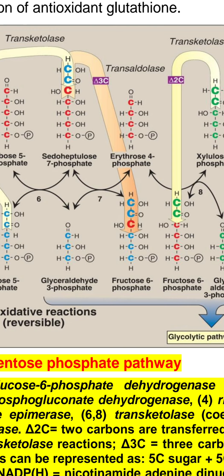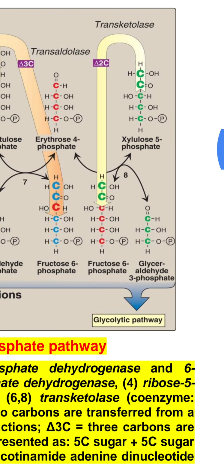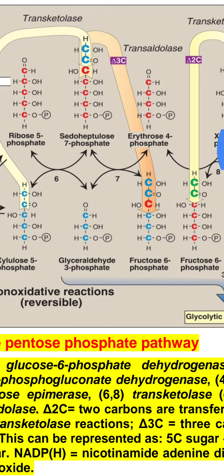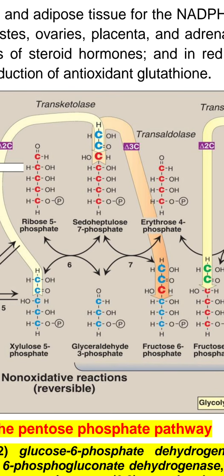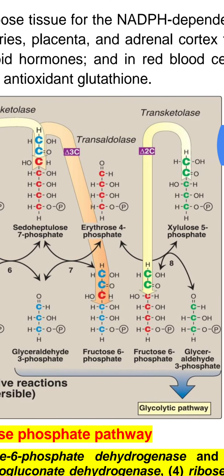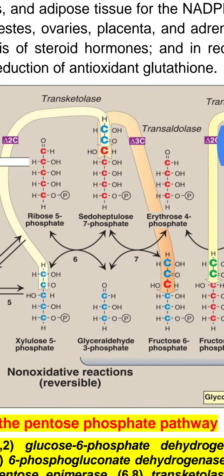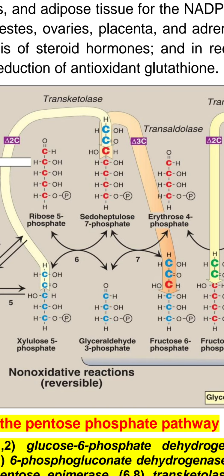Also we have another molecule of glyceraldehyde 3-phosphate and xylulose 5-phosphate by transketolase and transaldolase enzymes. Transketolase is dependent upon the thiamine pyrophosphate coenzyme derived from vitamin B1, thiamine.